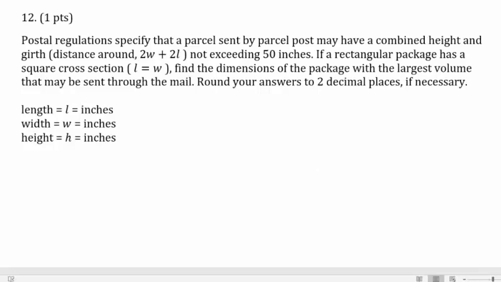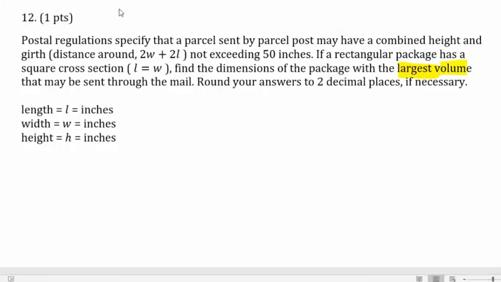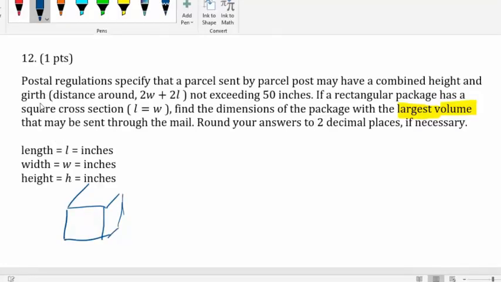We have to think what we're trying to maximize, and I guess we go to our question. So the largest volume, so we're trying to maximize volume, and this is a box, sent through the mail, a package. Okay, so maybe something like this.